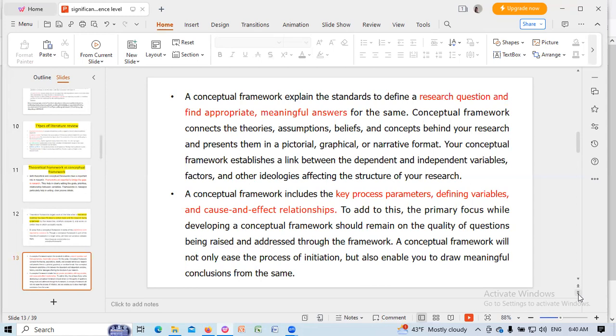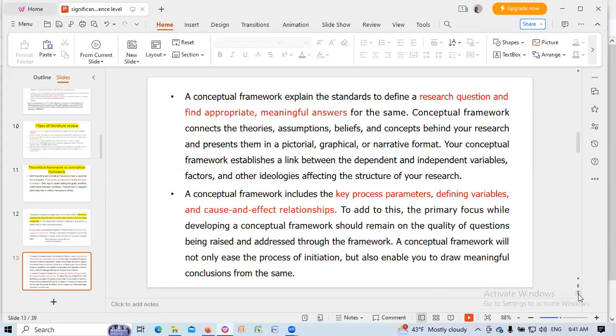I have already discussed conceptual frameworks. A framework helps in writing methodology. That is the initiation. A conceptual framework will not only ease the process of initiation, but enable you to draw the meaningful conclusion.